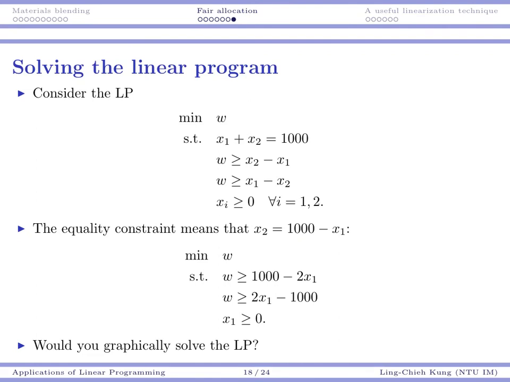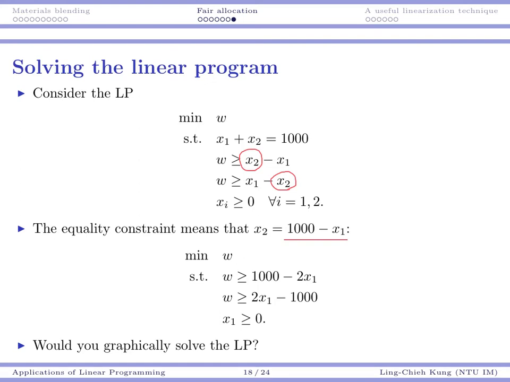For this LP, I understand that this equality constraint actually allows us to remove one variable. In any case, x2 is just 100 minus x1, right? So why don't I replace this 2x2 with 100 minus x1?